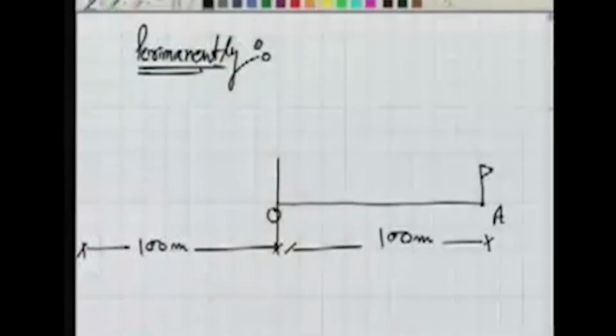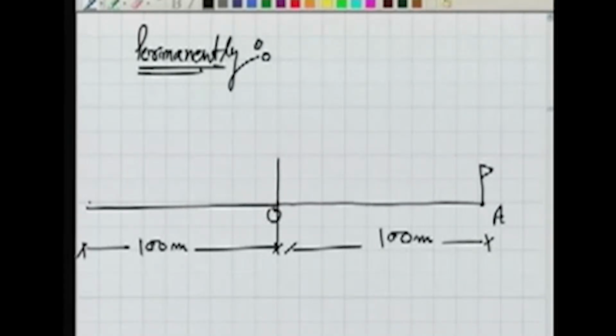Then I move here, and I again see through the eyepiece in this direction. In this direction, I set another ranging rod B, because I can bisect it. I can see through the eyepiece and bisect that ranging rod, and I say, okay, that's the point where the ranging rod is now. I put this ranging rod.